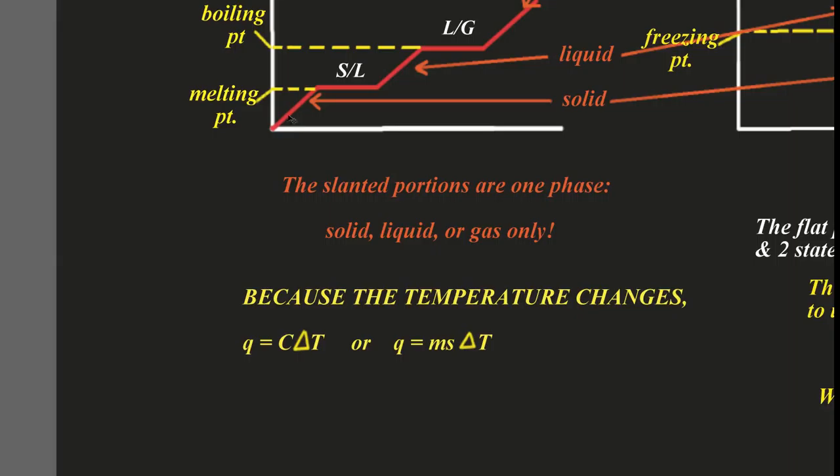That's for the slanted portions, and that's because there's temperature changes. That makes sense. Now for the flat portion, I can't really use this formula because delta T would be 0, and we'd always get 0 enthalpies there. So we have to use a different formula.